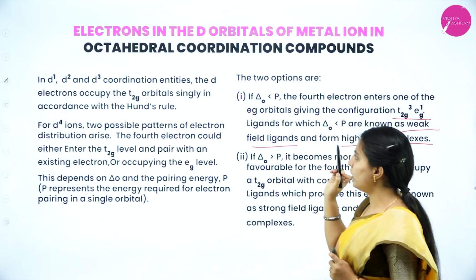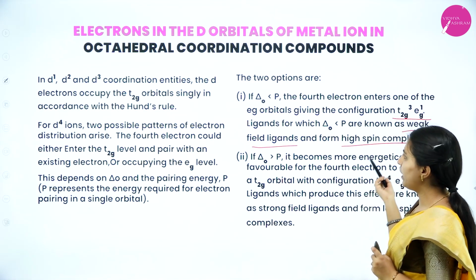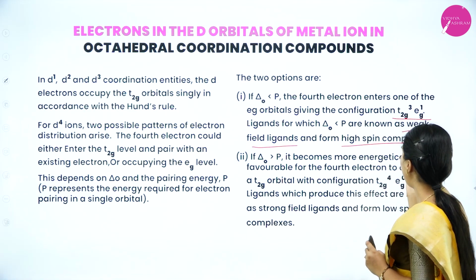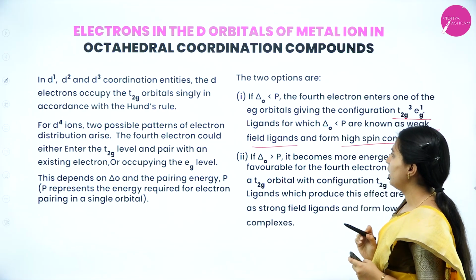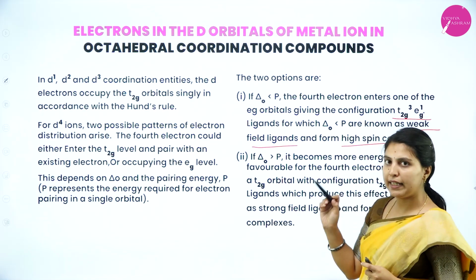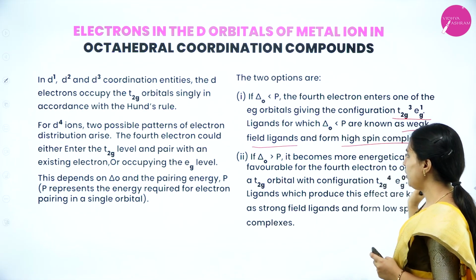If delta naught is less than pairing energy, the fourth electron will enter the Eg orbital, having configuration T2g3 Eg1. Those are weak field ligands and they form high spin complexes.